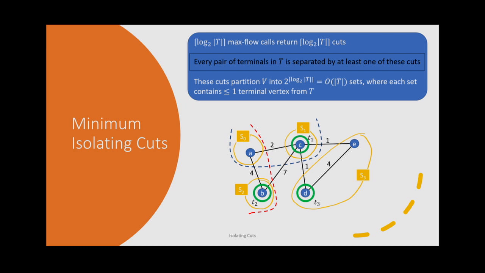Now these bipartitions overlap. So how many different overlapping regions will I get? 2 raised to log t. Okay? And that's going to be at most, let's say 2t, because I might have some rounding errors, but it's going to be order of t. So I look at all these different distinct regions. These are all disjoint. Okay, in this picture, I've shown them in yellow. So I've taken the red cut, the blue cut, and I've taken all the 4 regions that they define in my graph. Okay, let me call them S0, S1, S2, and S3.